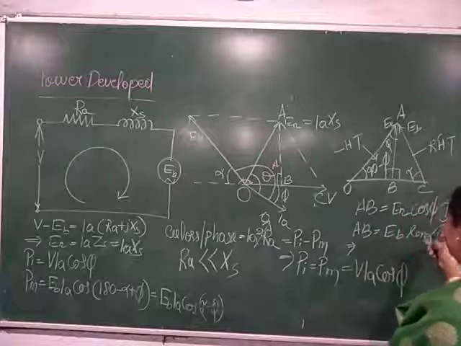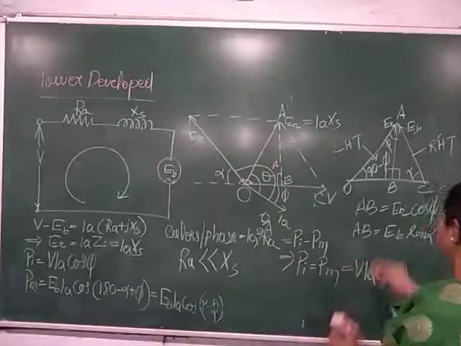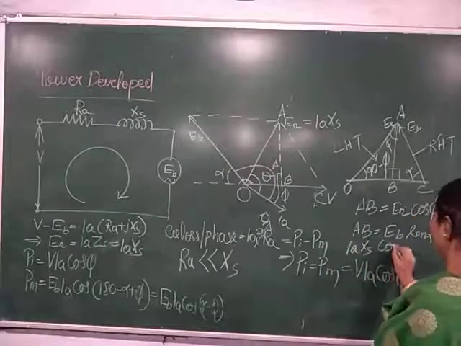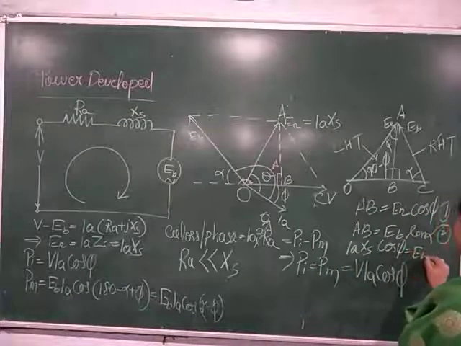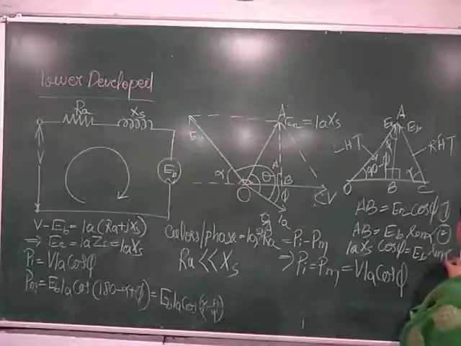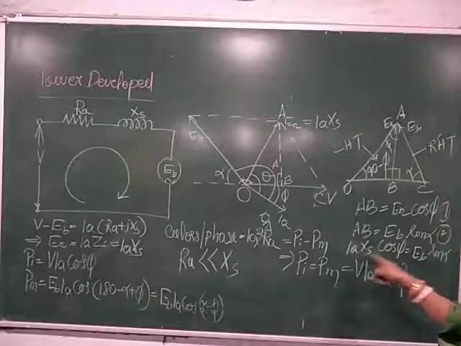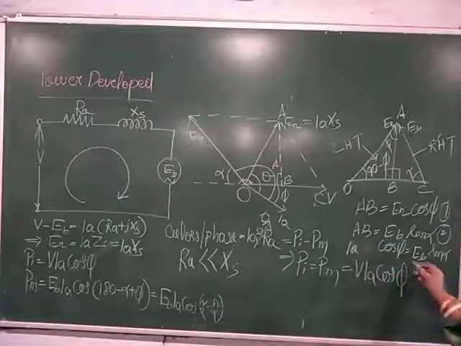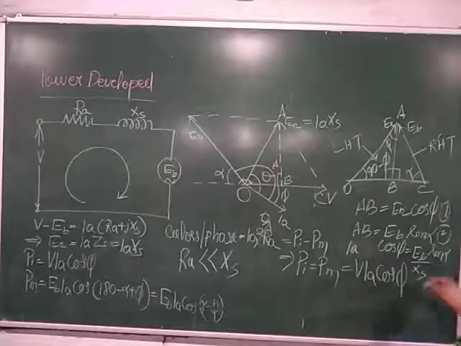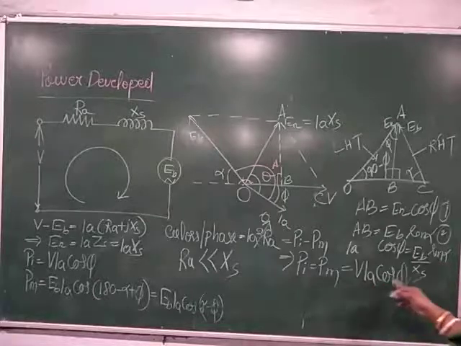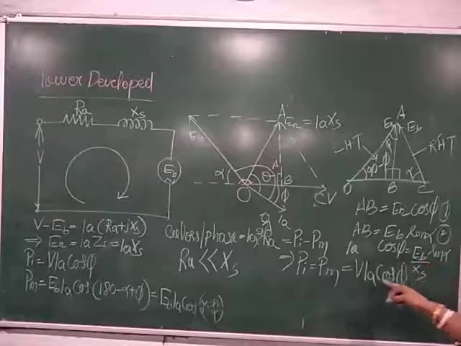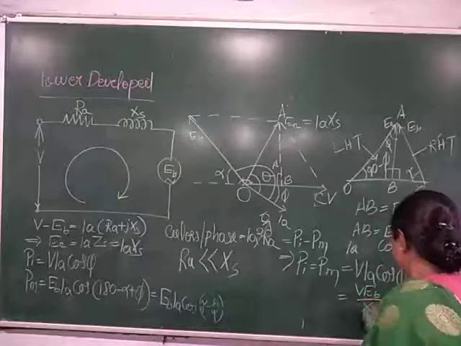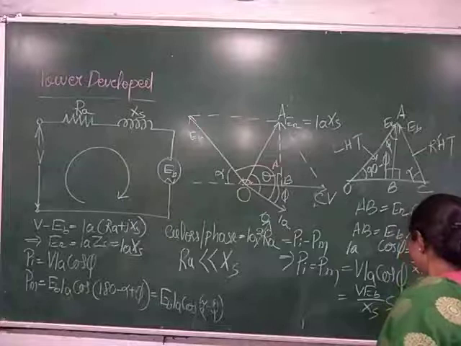So if you equate these two equations, you get Ia into Xs cos phi equal to Eb sin alpha, or Ia cos phi is equal to Eb by Xs sin alpha. Now I put the value of Ia cos phi here in this equation, so it is V Eb by Xs sin alpha.